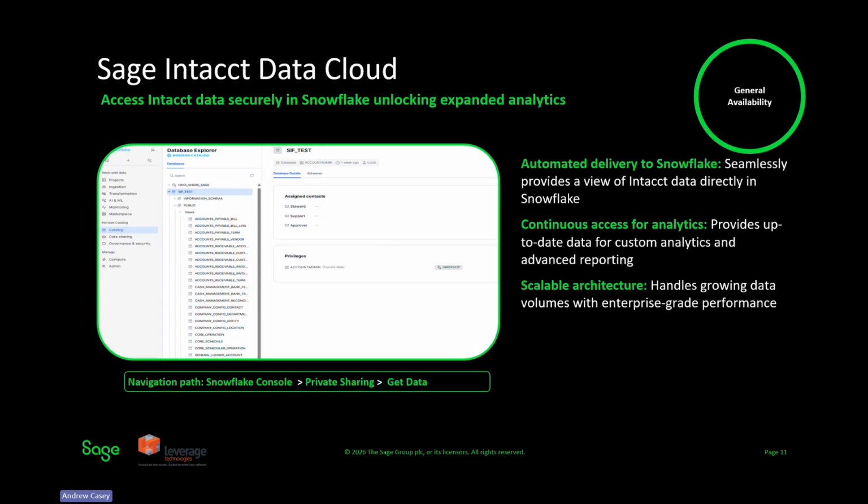As your data needs grow, the architecture is built to handle increasing volumes, so you can use continuous data for custom analytics. I've previously mentioned to you that Sage reporting is for Intacct data, the dashboards, it's all Intacct data, whereas this will allow you to bring in data from your financial systems, your non-financial systems, maybe your CRM, other third-party applications, bring it all into a single point.